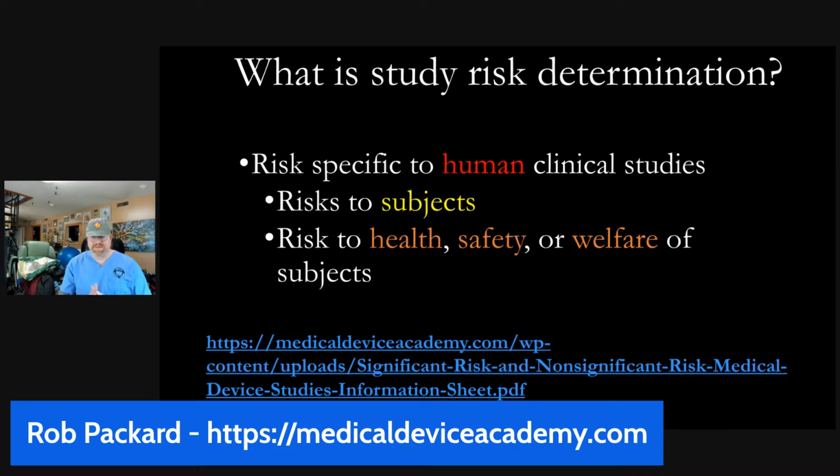So it's specific to the subjects, not just anything. Normally we could have risk to security, HIPAA data, all these other things. There are lots of ways in a clinical study to protect other kinds of things like data. But this is, if we do this clinical study, could some of the subjects that enroll in this study get hurt? That's what we're most concerned with.